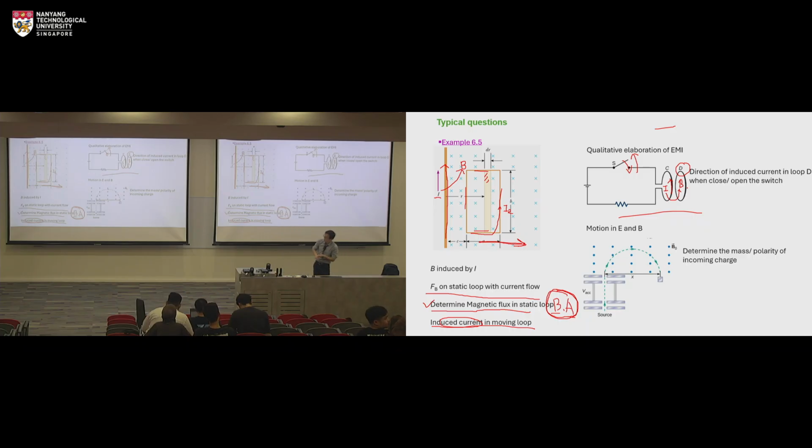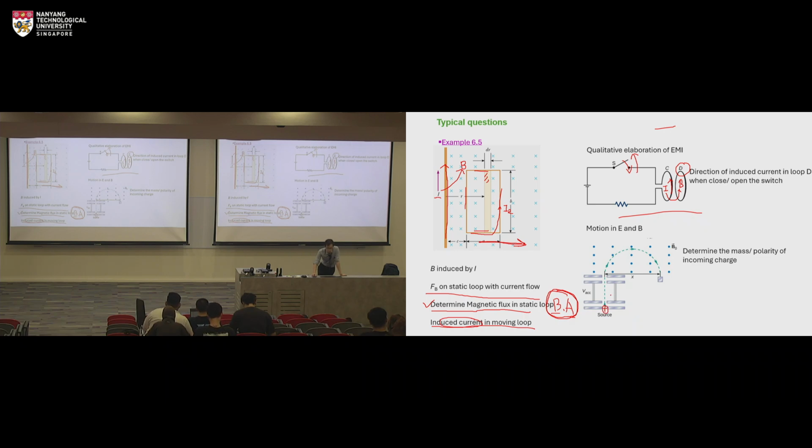And another type of question is we can combine both electric field E and magnetic field B. Let's say ask you to figure out the motion inside this kind of combined field. Let's say there can be a source charge at this point.